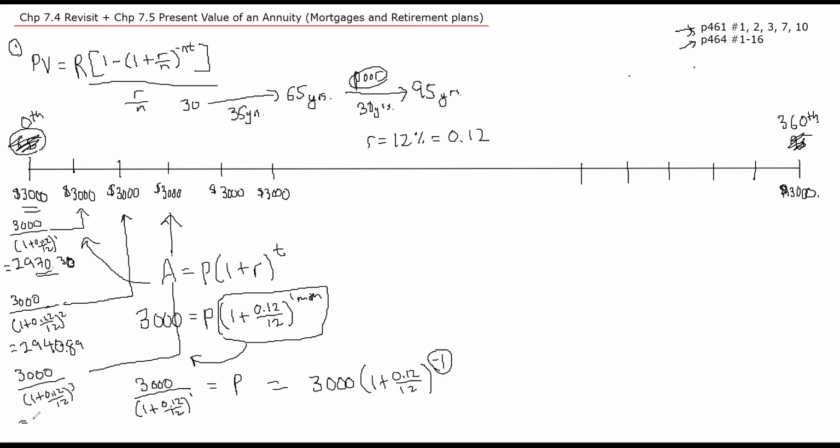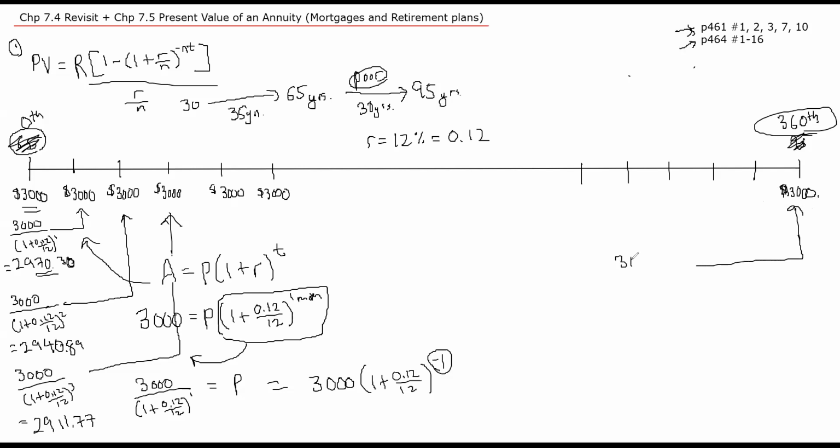So what is that? 1.01 to the power of 3. I actually need a lot less. So can you imagine? I do this for 360 months. How much money do I actually need now for me to collect $3,000 in 30 years, in other words, 360 months?